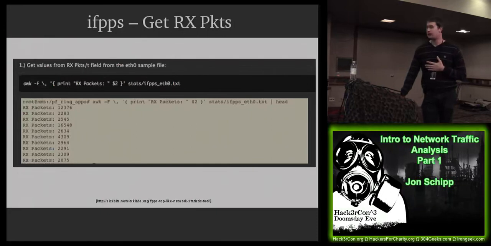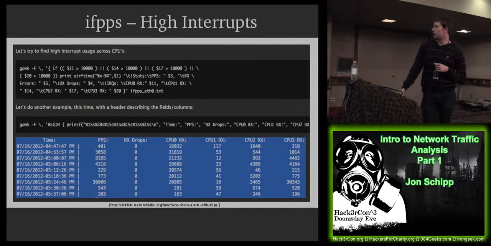Here's some stuff from some articles I've written. I've got some screenshots where you can take ifpps and write data into CSV files, or you can print to the screen. Here we just use some command line kung fu, use awk, and we were able to grab fields that we want and print them to the screen. And here's a gawk statement I wrote that takes the Unix timestamp and converts it to your local time or the time that you specify.